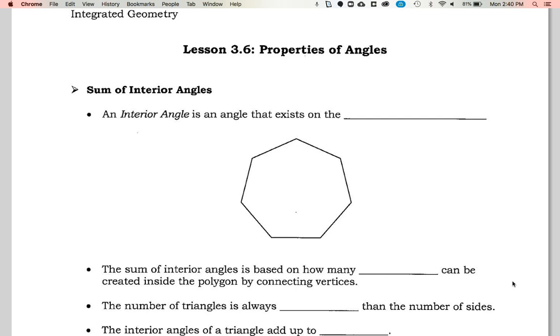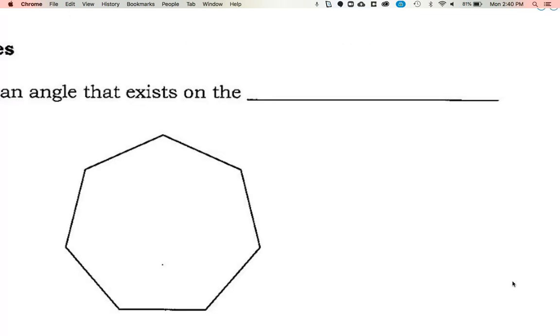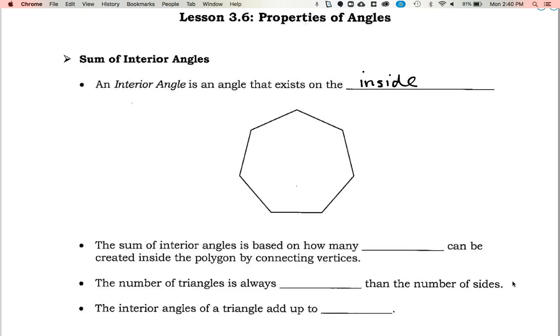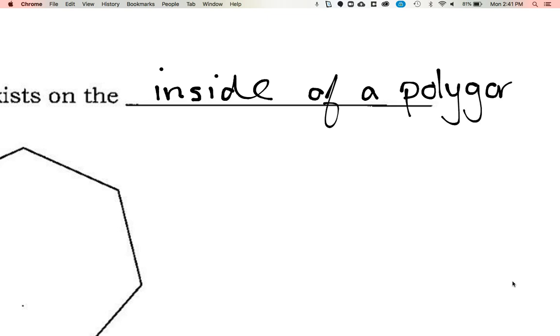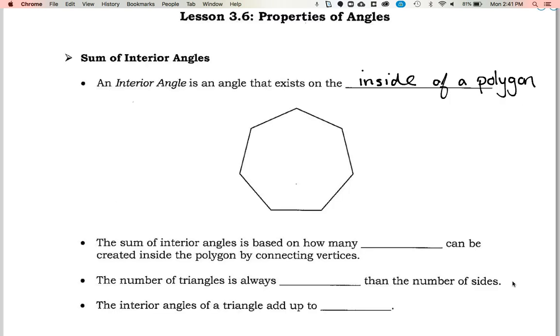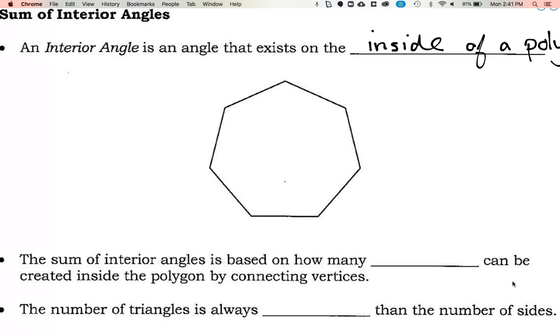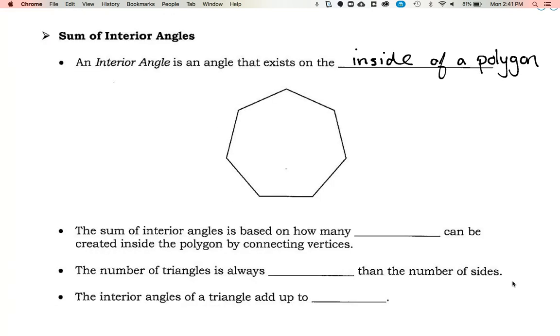An interior angle is an angle that exists on the inside of a polygon. And for polygon, feel free to just interchange that for the word shape at this point.